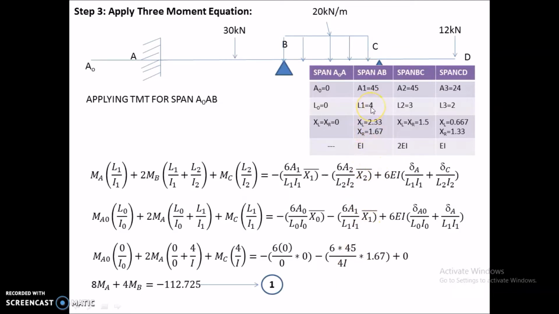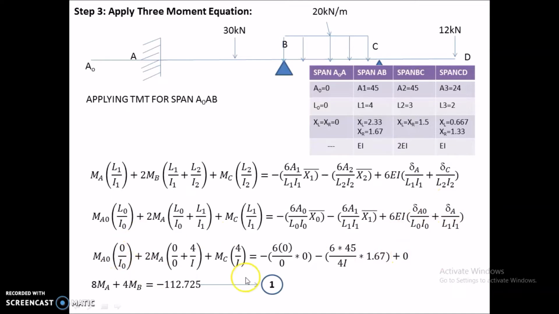X1 bar here will be XR. For this span it will be XR, the opposite one to the point we had considered. So opposite to A it will be XR for this span. So XR value for span AB is 1.67, and since there is no deflection of the supports, no settlements of the supports, this entire value will be 0.